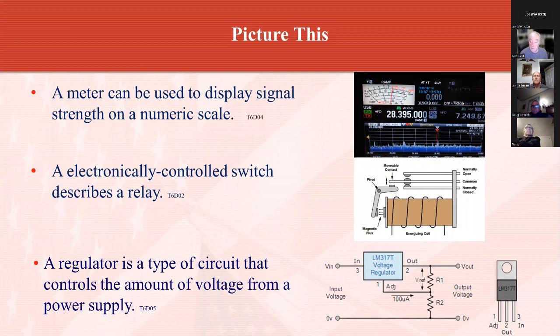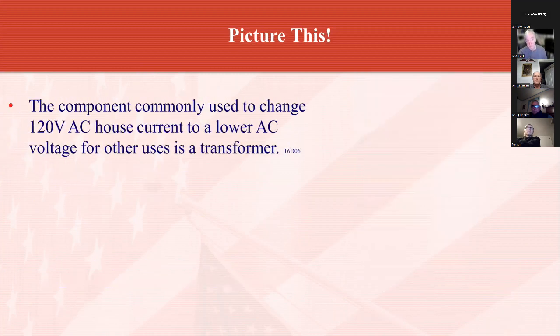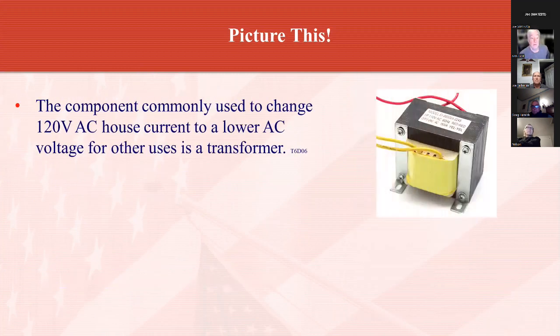A regulator is a type of circuit that controls the amount of voltage from a power supply. The component commonly used to change 120 volt AC house current to a lower AC voltage for other uses is the transformer. So you've probably all seen something like that, whether in your television, heaven forbid you ever got back there when it was a high voltage television, or a radio or something.